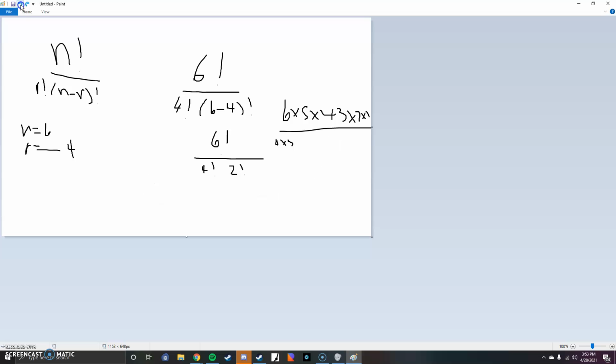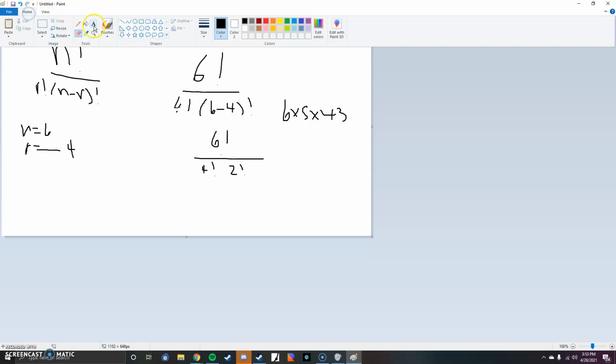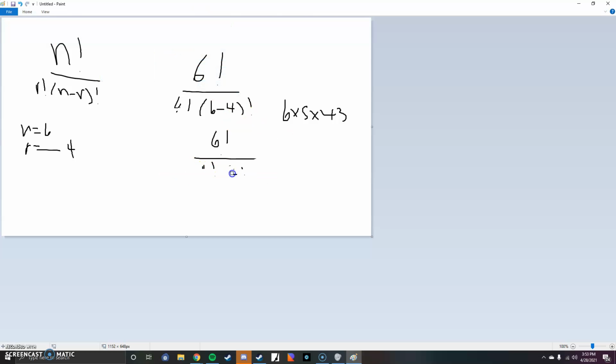A lot to erase. A lot. Oh, jeez. Bigger size. Get most of it out.